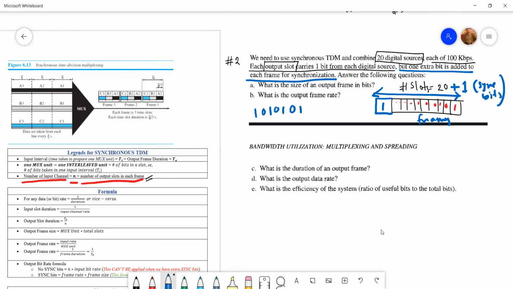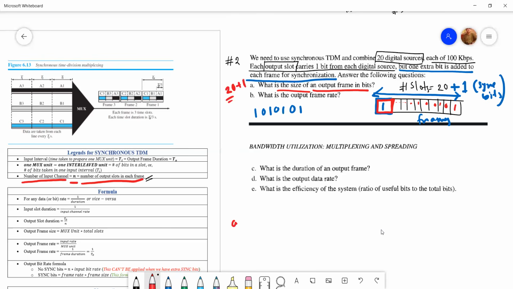Now the very first question is asking what is the size of an output frame in bits. Basically, there will be 20 slots from the digital sources, because each source carries one bit, and there will be one extra bit added for synchronization. So 20 plus 1.